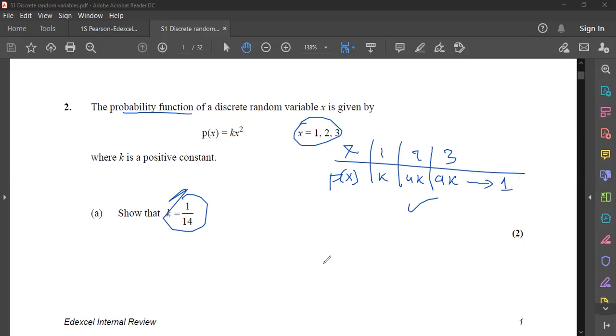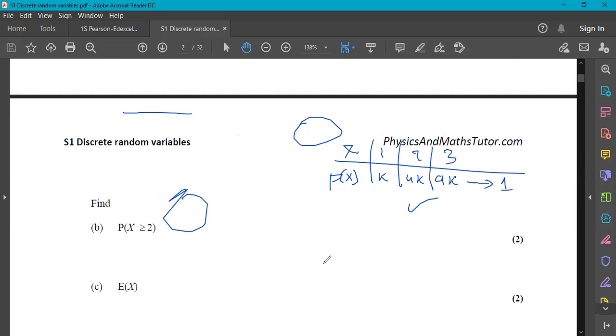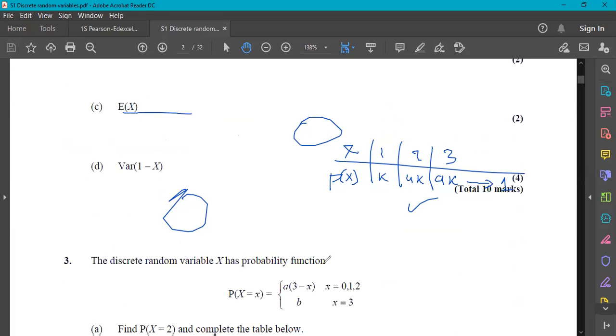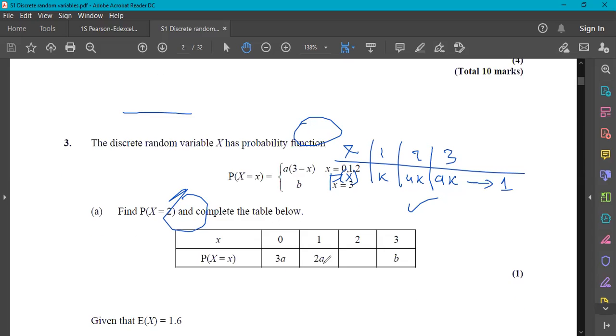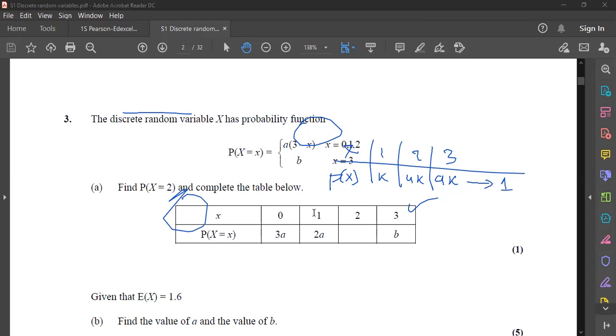Now, let me just go down to see. Find the probability of x greater than 2, the expectation, the variance, the new variance. Now I'm looking for questions which I told you before, which is the cumulative function, so we'll be able to write down the cumulative probability table.